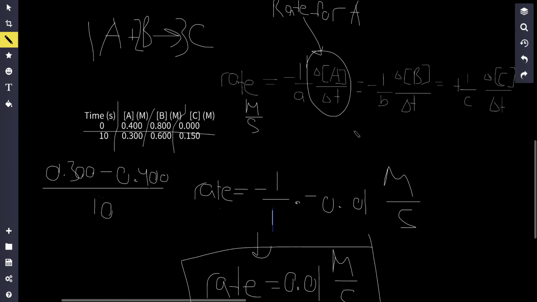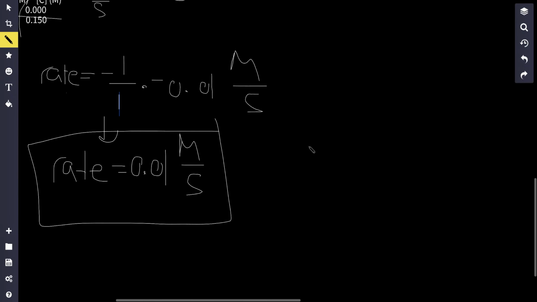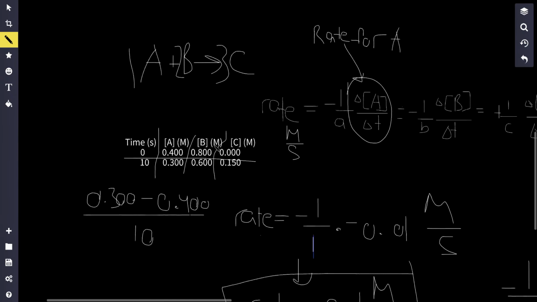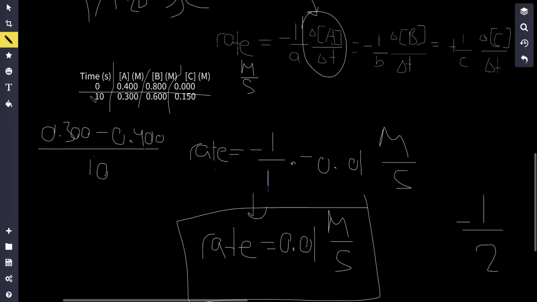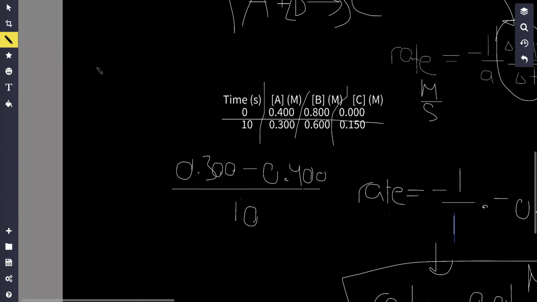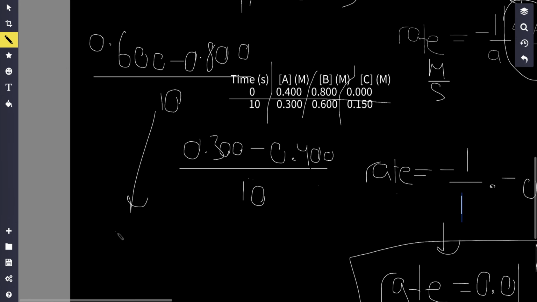For example, if we look at the term for B, this is negative 1 over the coefficient for my B term, which is 2, so I'm going to put a 2 here. The change in the concentration of B is 0.600 minus 0.800, divided by my change in time. When I put this into my calculator, I get negative 0.02 molar per second.